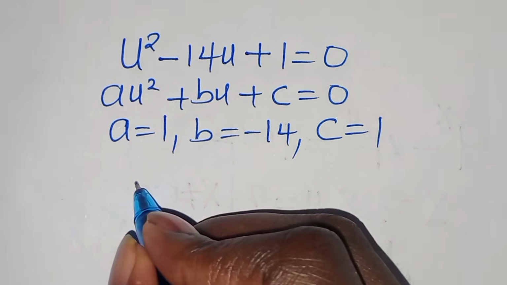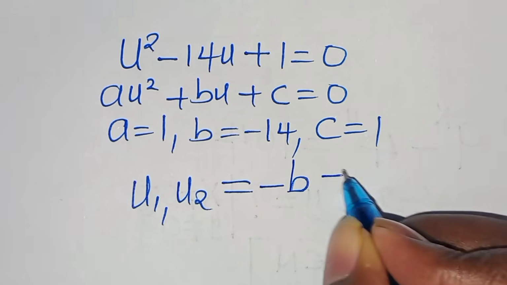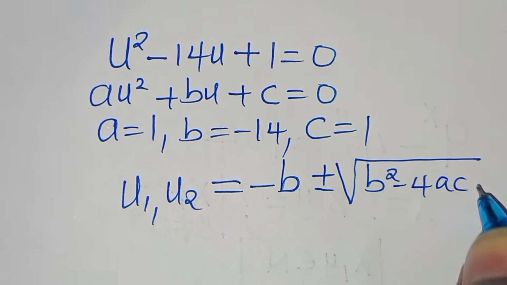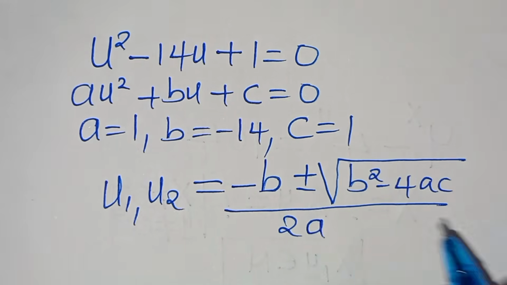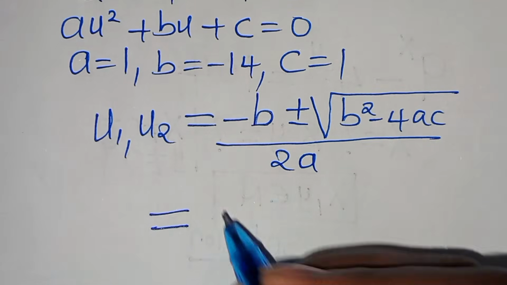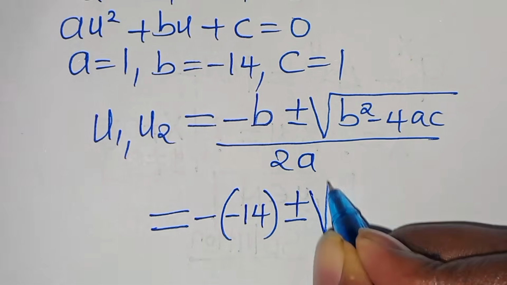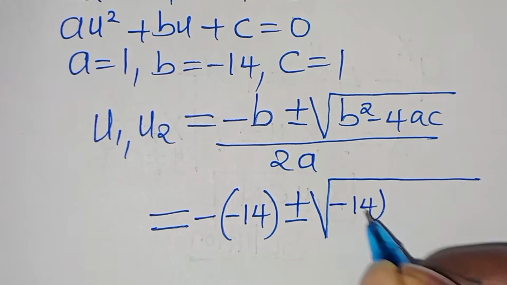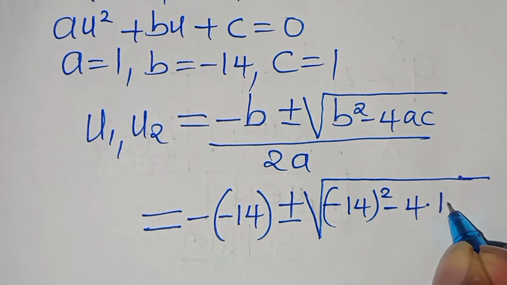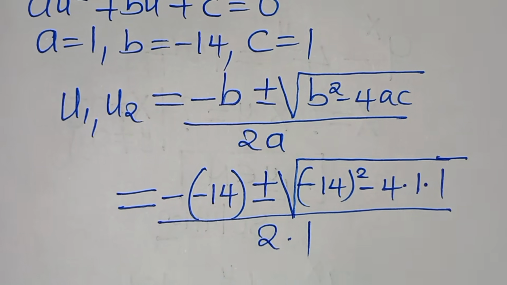Now to solve for u1, u2, we apply the quadratic formula, minus b plus or minus the square root of b squared minus 4ac, everything divided by 2a. Substituting the values, we have minus minus 14 plus or minus the square root of minus 14 squared minus 4 times 1 times 1, everything divided by 2 times 1.